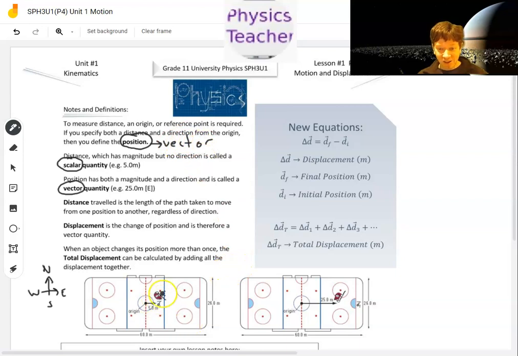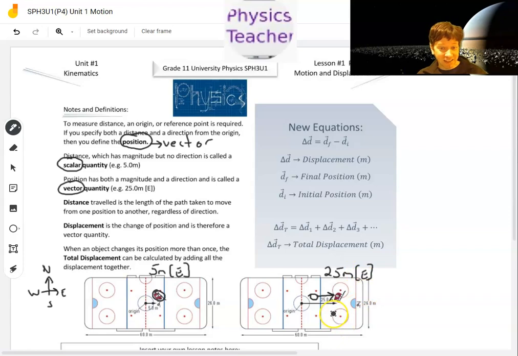Now let's say that this hockey player moved from this position here, which would have been here in this diagram, all the way over to this position here. So our initial position would have been 5 meters east, but after moving, we moved to a position of 25 meters east. Now there's two ways to describe that motion.